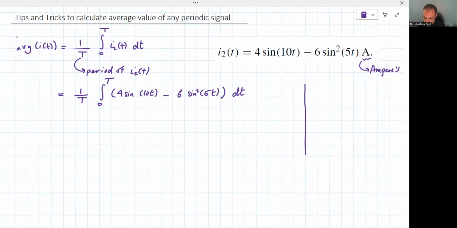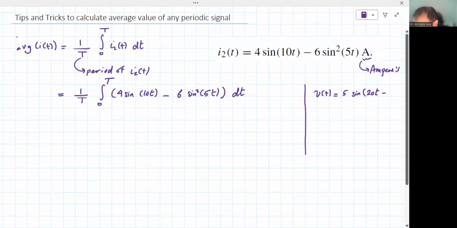So we need to know T. Let's assume another function, for example i or v, v(t) equal to 5 sine 20t minus 5, something like that.